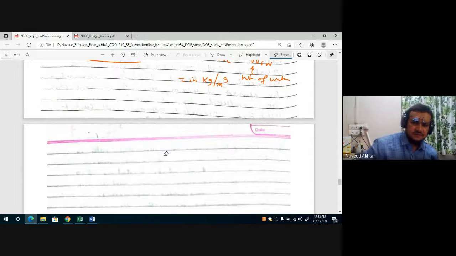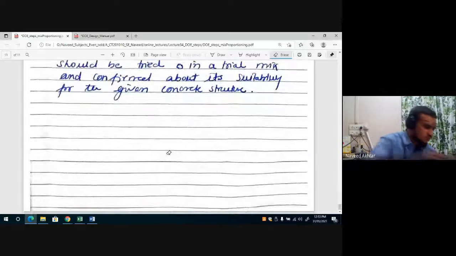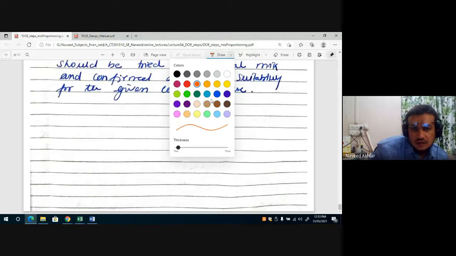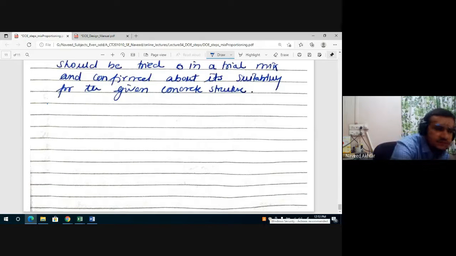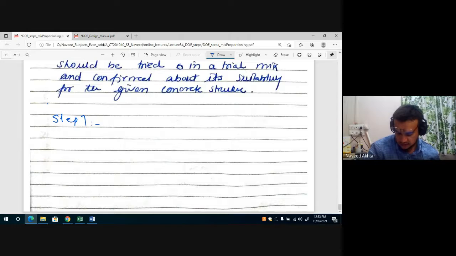Step number 7 is the correction, the calculation of your final quantities, the trial mix quantities.